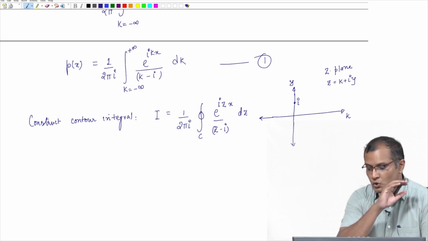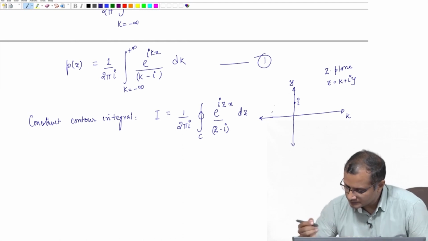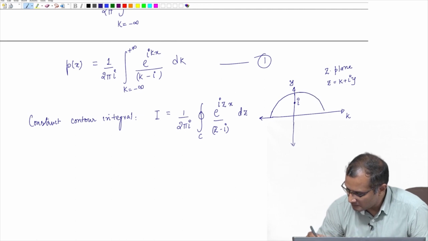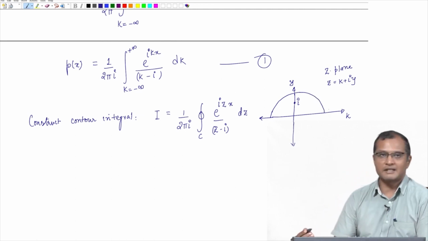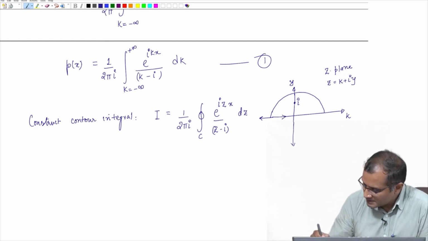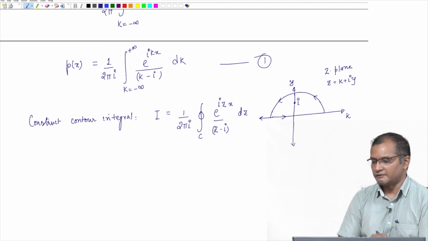And I need to show a contour here. So, I am going to show a contour which is basically a semicircular contour. This is the direction of my integration. As usual, it is the clockwise direction, where the integral has a positive value.